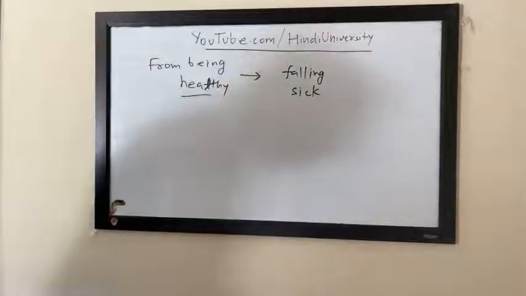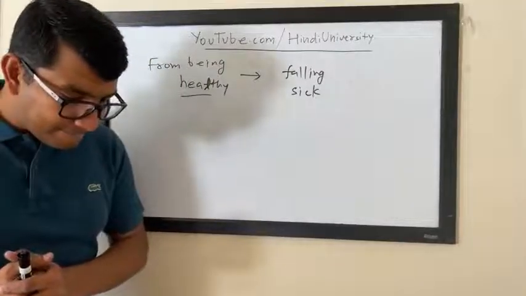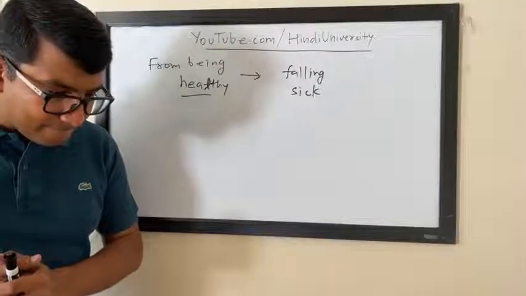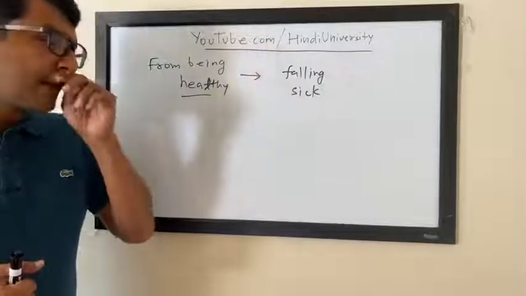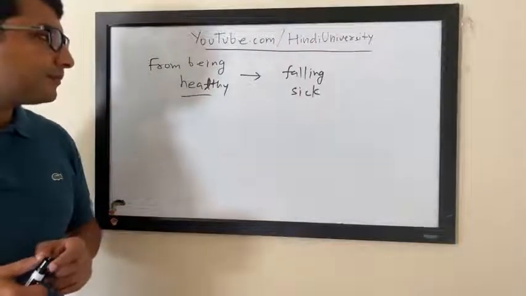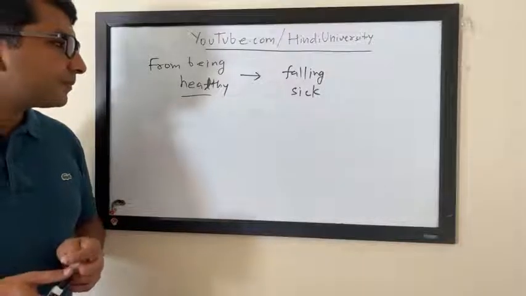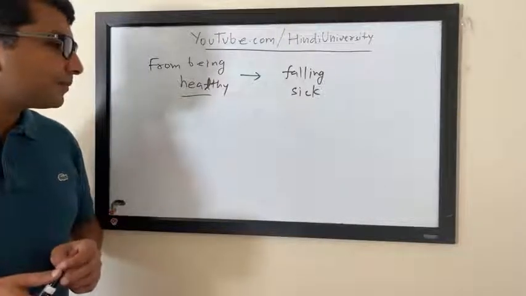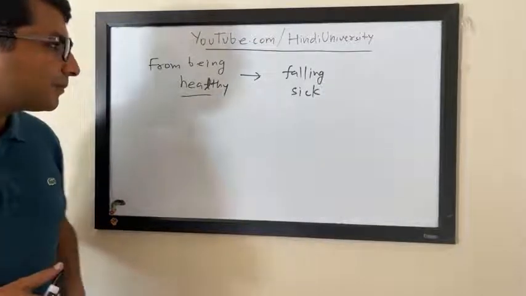I can't remember what I said last time, but the only thing I would say is that when I look at these verbs and the compound verbs, I'm thinking that one is in an active voice and the other is in a passive voice. The active voice is more like there is an action happening, and the passive voice is more like something has happened, or there is a state, but there's no action involved at that time.